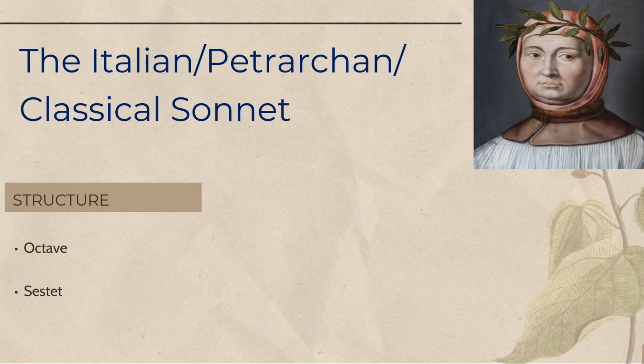So for the Italian or Petrarchan sonnet form, they would have an octave and a sestet. An octave is a combination of 8 lines. So there would be 8 lines first, and then a sestet, which is a combination of 6 lines, and thus 8 plus 6 would be 14.